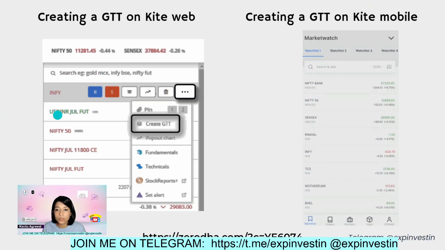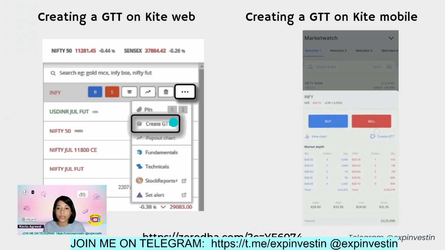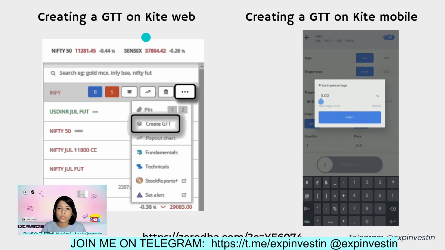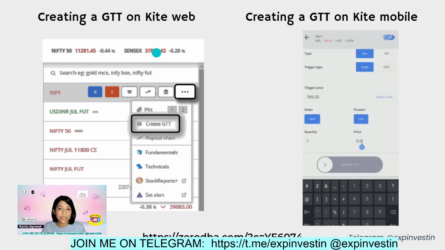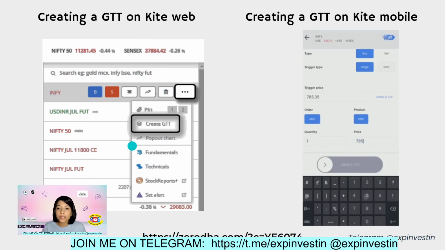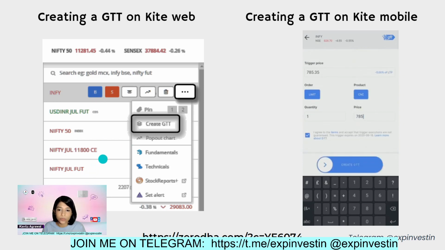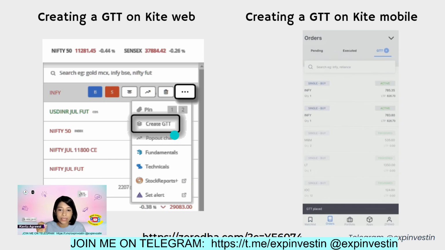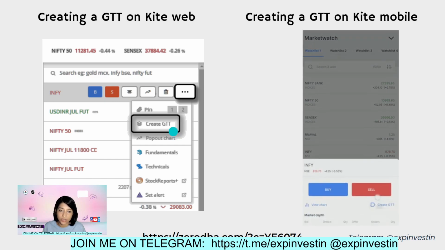Yeah, so I was on this section where I was telling you how to create GTT. If you write Zerodha guide for using GTT on Kite, you will easily get this entire link. The idea is that in a watch list, once you've added whatever stock you want to create a GTT on, all you have to do is click on the menu and select create GTT.